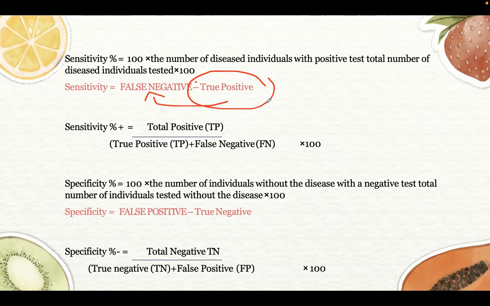Meanwhile, specificity is also always expressed as a percentage: the number of individuals without the disease with a negative test over the total number of individuals tested without the disease, times 100. The goal is to know who in the population are true negatives, or who do not possess the characteristic.